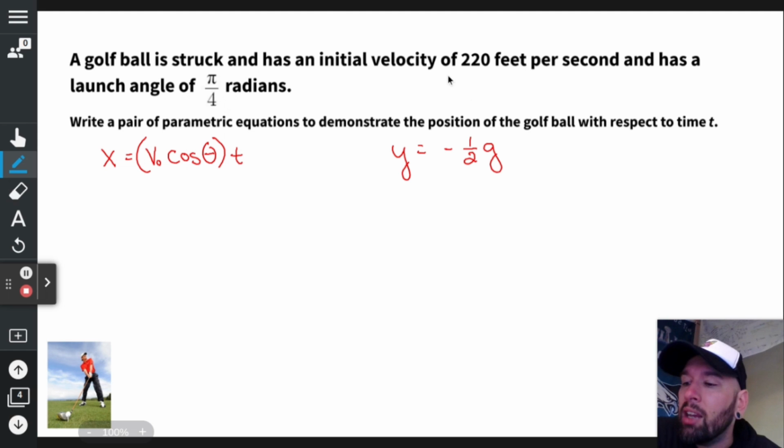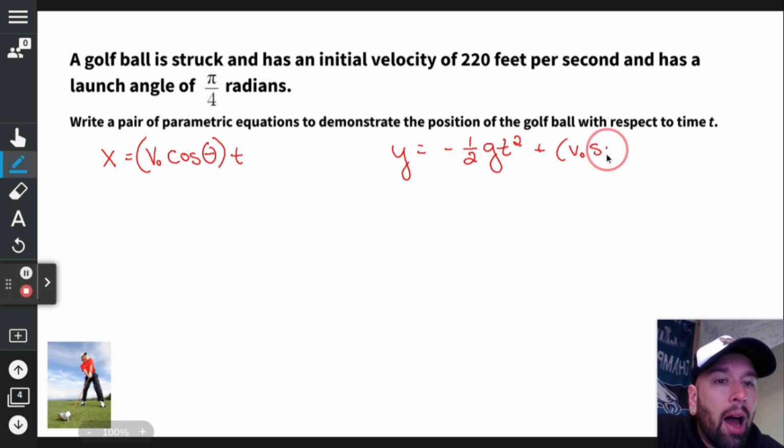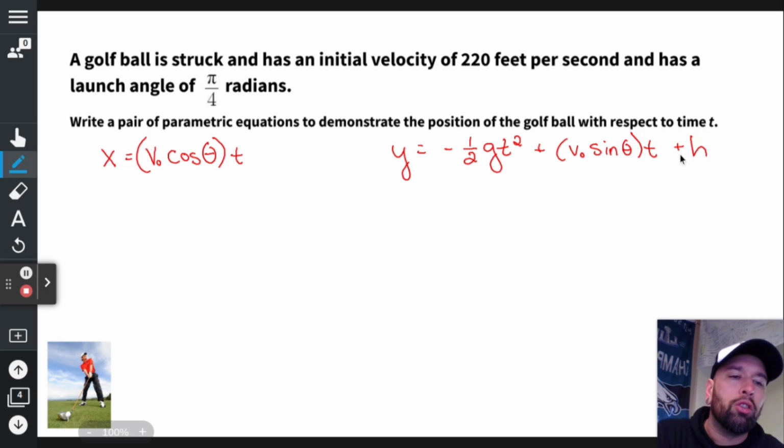In this case, I'm using feet, so I'm going to use a specific number. If I was using meters, I would use a different number. Then t squared plus the initial velocity sine the launch angle, times t, plus whatever height that you're shooting this ball from, which in this case is going to be 0, so life is going to be easy.